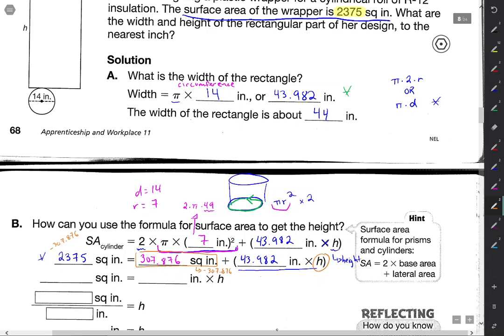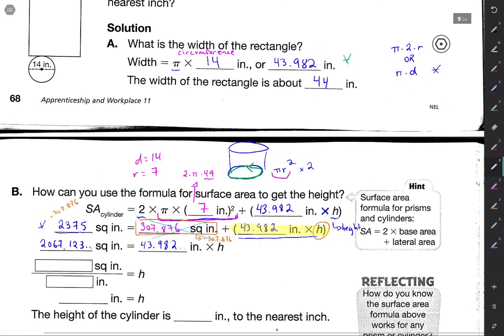So then if we have 2,375 minus 307.876, we get 2,067.123. And all we're left with on this side now is going to be this part of the equation here, because this other part got canceled out. So these two things, they cancel each other out. It's equal to 0. So I'm just going to plug this in here. 43.982. We still haven't touched that yet.